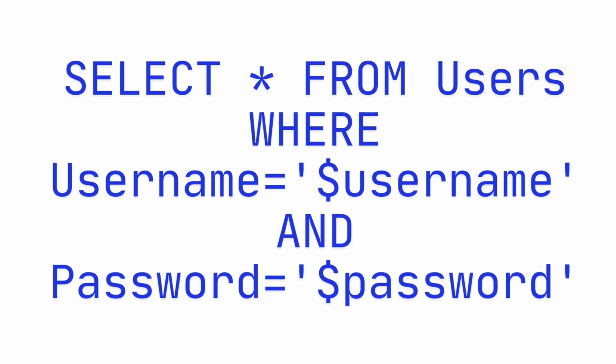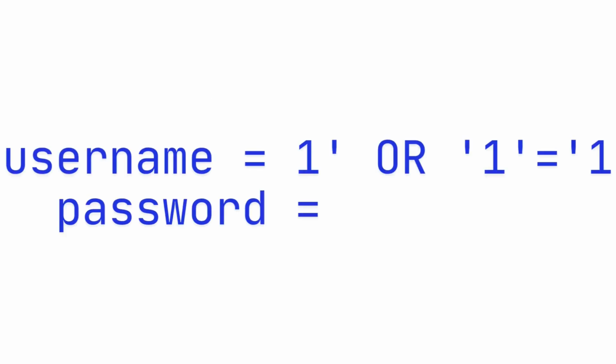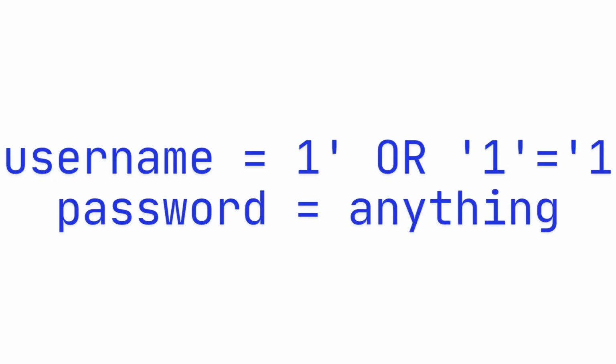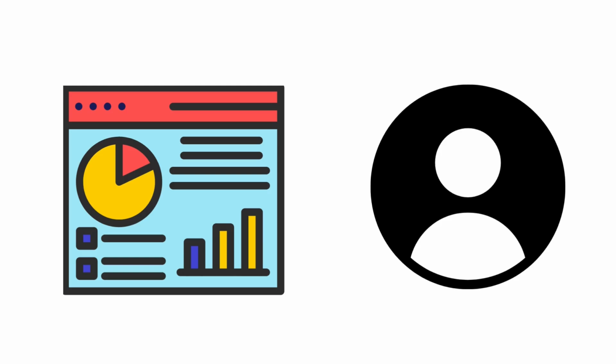So you can inject something like 1 or 1 is equal to 1 in username, and in password you can type anything. With this, the query becomes true for all rows and may log you in, and it sometimes returns the first user, that is admin.